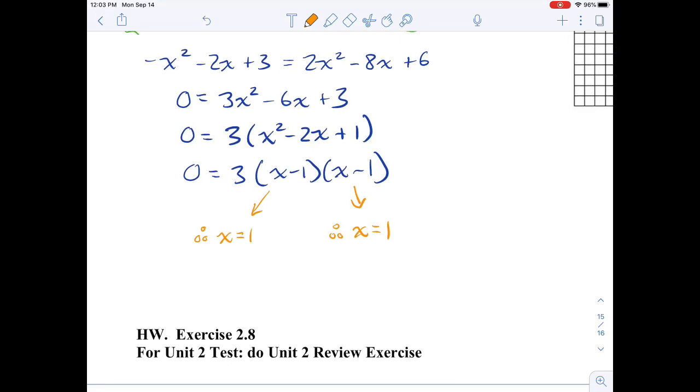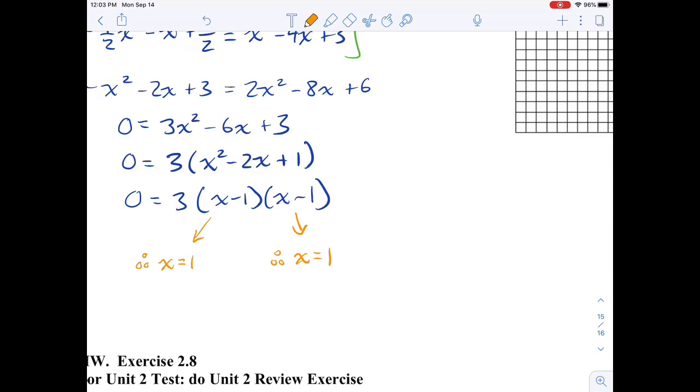In order to finish that off, though, we need to finish by solving. So we sub x equals 1 into either equation, but I think it's a little bit easier to avoid fractions if we substitute it into equation 2. So our y value would just be 1 squared minus 4 times 1 plus 3.